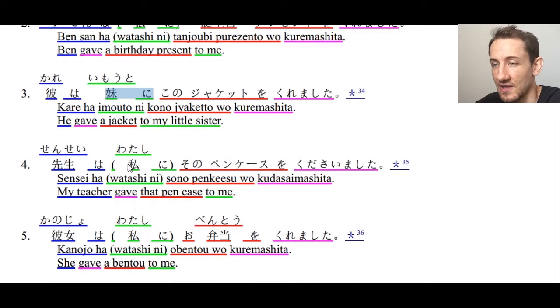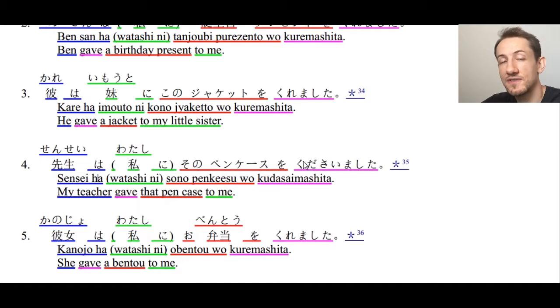Number 4, 先生はそのペンケースをくださいました。My teacher gave this pen case to me. And here we have the polite form of kureru, which is kudasaru.